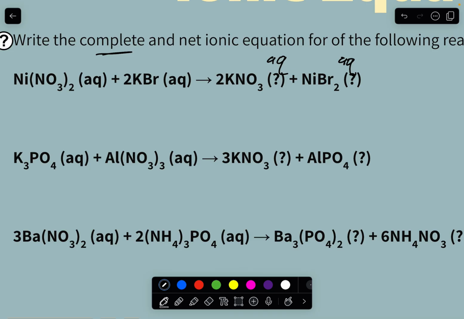The complete ionic equation is already written here. But if we separate these into ions for our ionic equation, it's going to be nickel. We have 2 nitrates. Remember, nitrate's a -1, so we know this has to be +2.